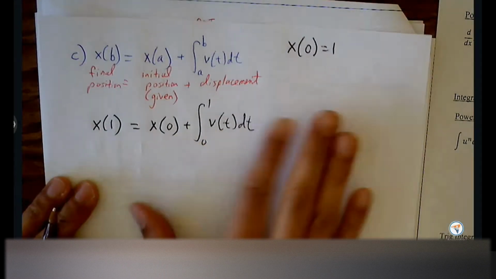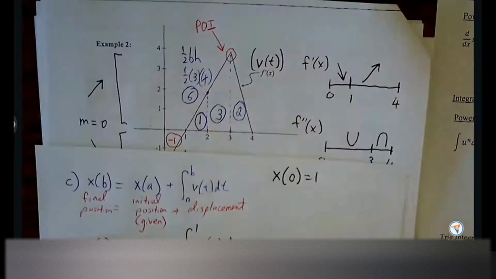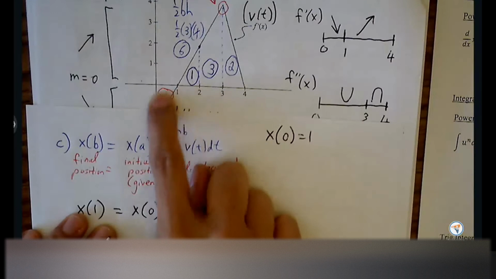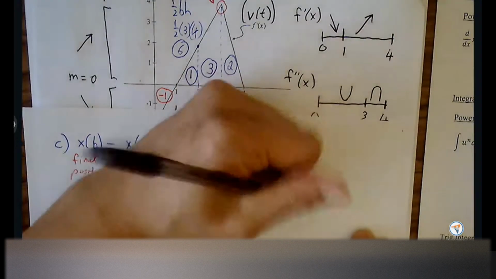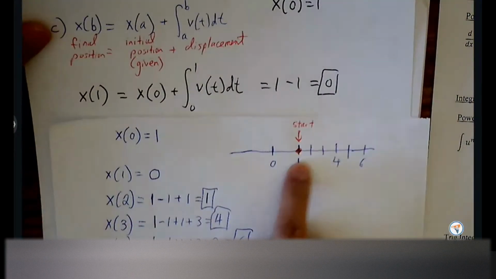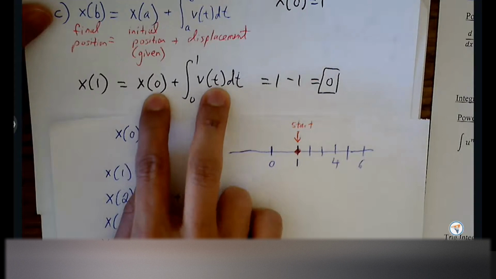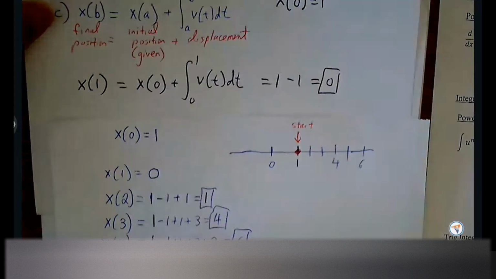So we know our starting position is 1. And then between 0 and 1, we know we're going to travel backwards 1 unit. So we're going to end up at 0. Just like how we were doing it with our number line, but using integral and calculus notation.